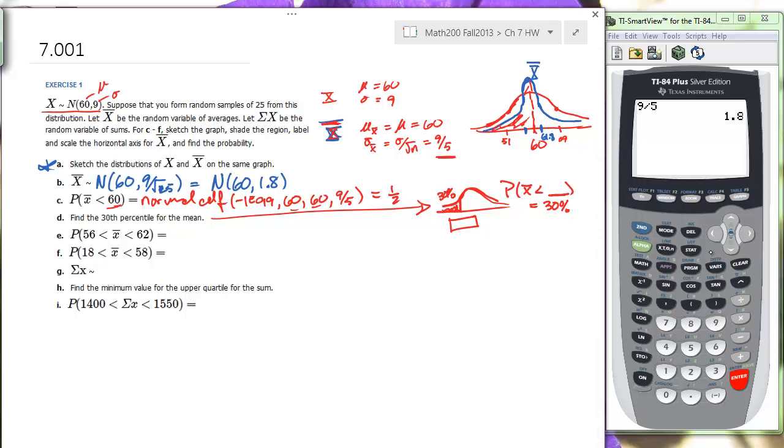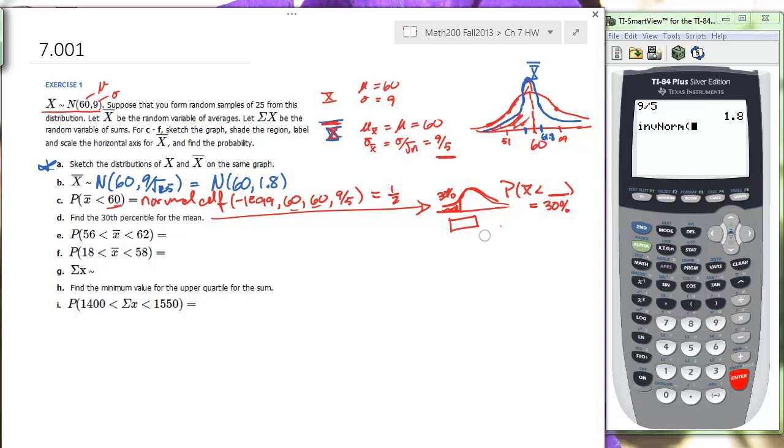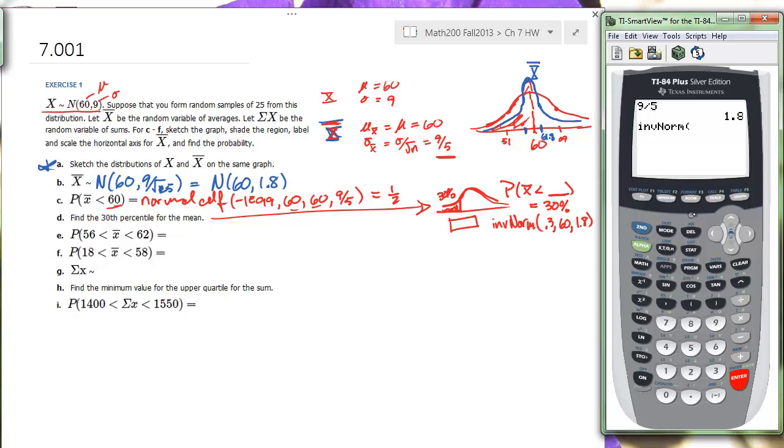So let's go to our second function, distributions. This is going to require us to use an inverse norm. The inverse norm function requires an area to the left. The area to the left is 30%, and then our mean and our standard deviation. So let's put all that information into our calculator.